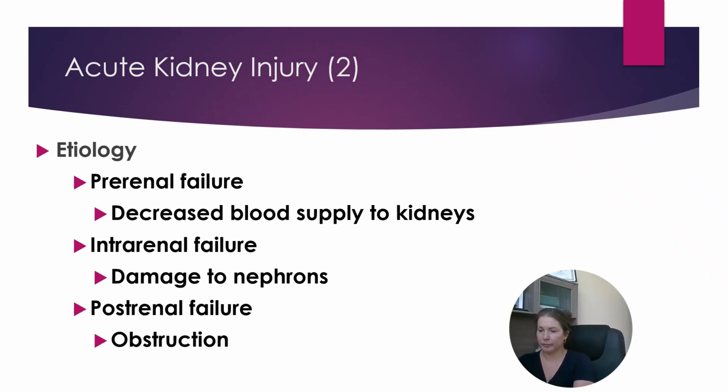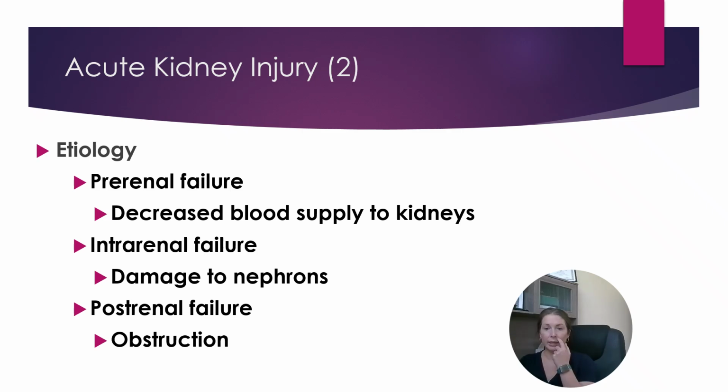Okay, so etiology, our pre-renal failure, this could be from a decreased blood supply to the kidneys, so hypoperfusion. We can get this from shock, dehydration, hemorrhage, or heart failure.